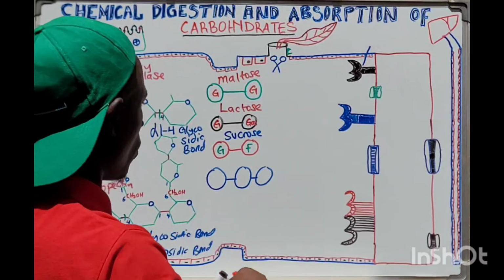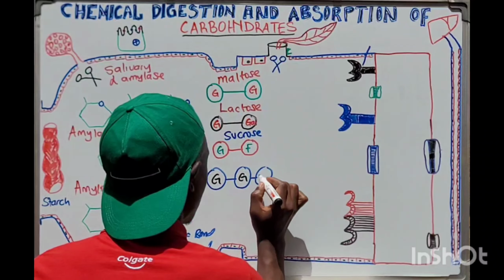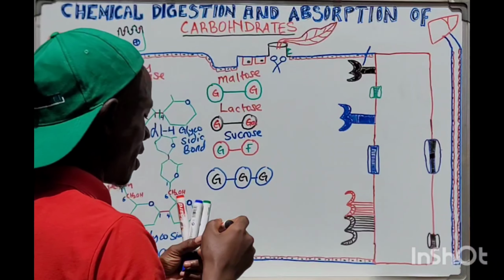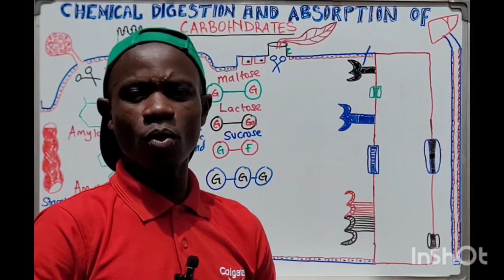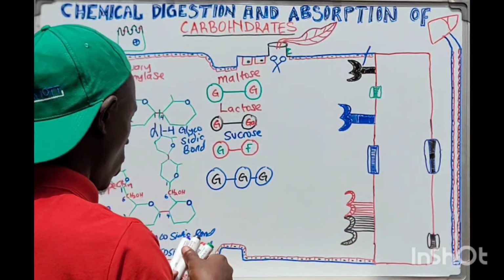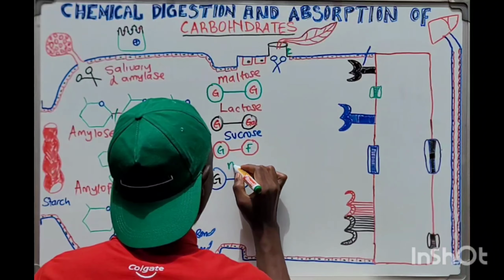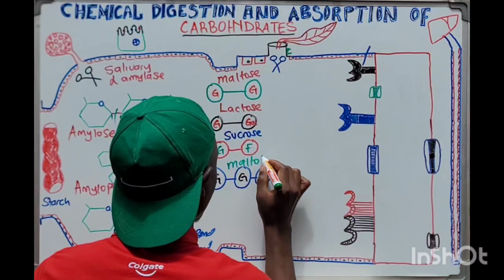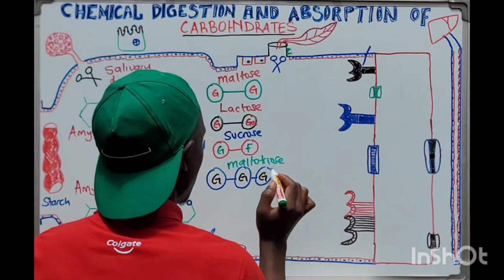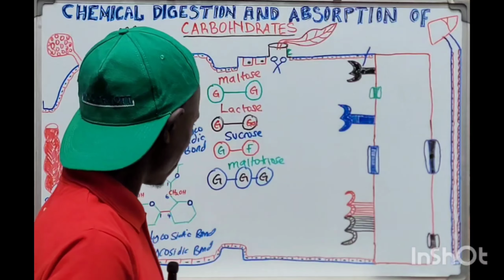Okay, this oligosaccharide is going to have glucose molecules only, which are linked to one another. So now, how do we call that oligosaccharide having only glucose molecules? This oligosaccharide is what we call maltotriose. It's all that simple. Okay.